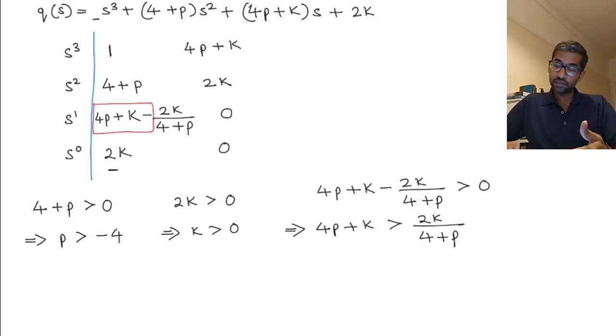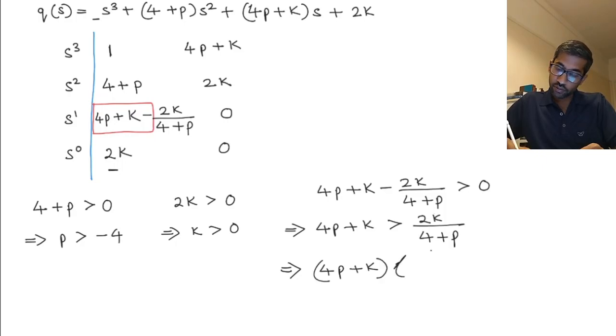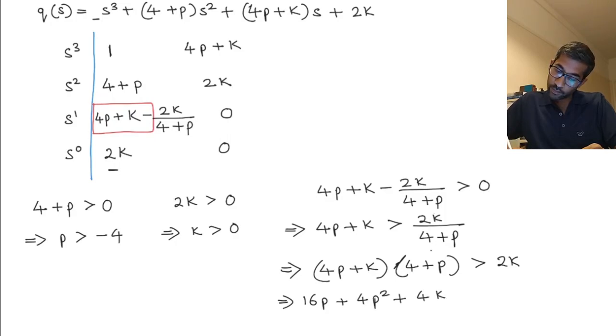Now if we assume that 4 plus p is always greater than 0, then we can say that (4p plus k) times (4 plus p) is greater than 2k, which gives us, when we open this out, 16p plus 4p square plus 4k plus pk is greater than 2k.